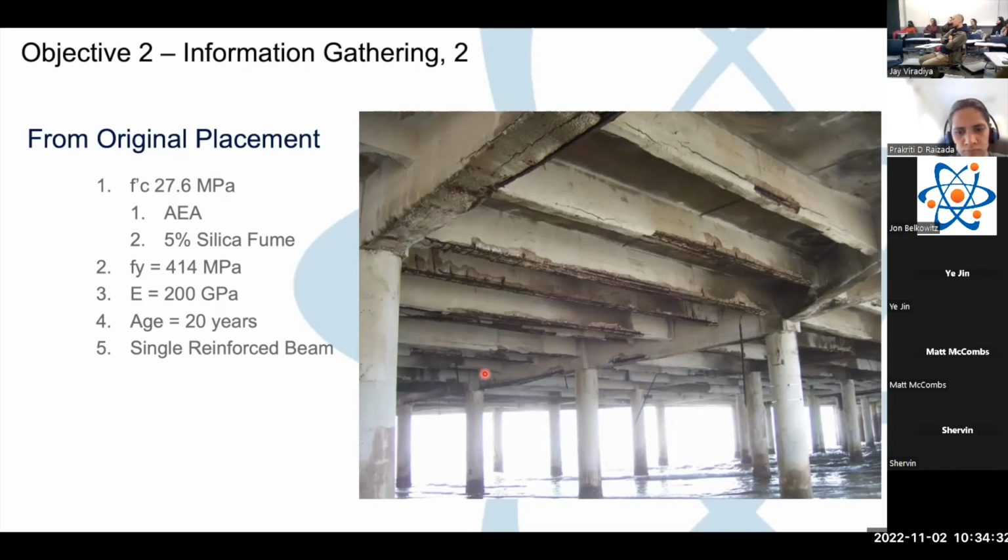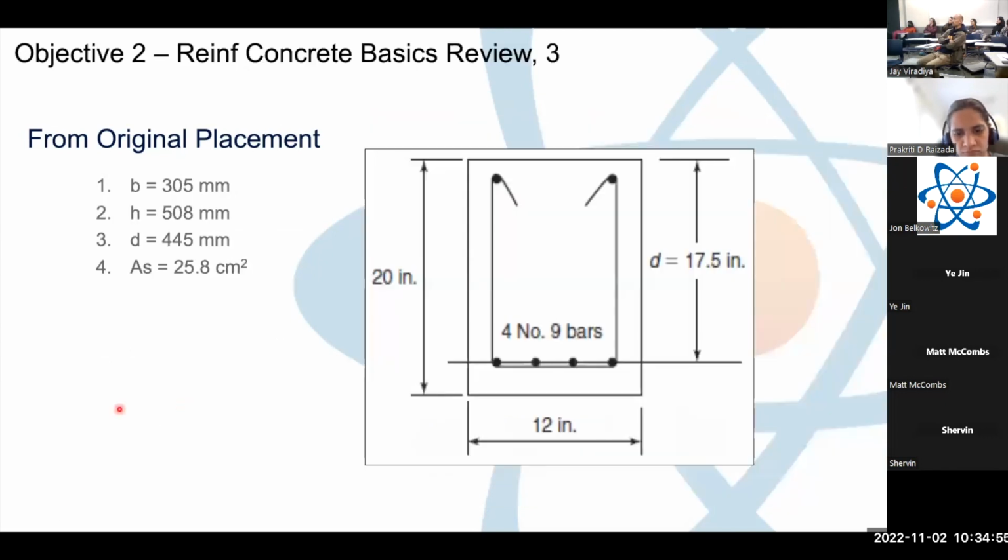Our steel starts off with a yield strength of 414 MPa, that's 60,000 PSI, and our modulus of elasticity is going to be 200 gigapascals. The age of our structure is 20 years. And remember, we're assuming that this beam that we're going to now analyze is only single reinforced, and we're doing that for the sake of time. So again, this is just reviewing the basics.